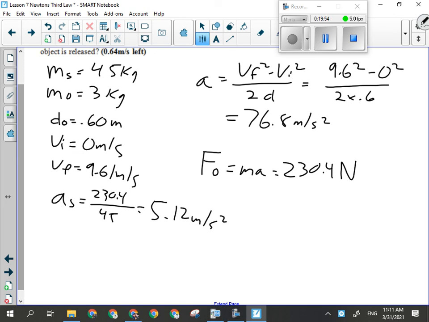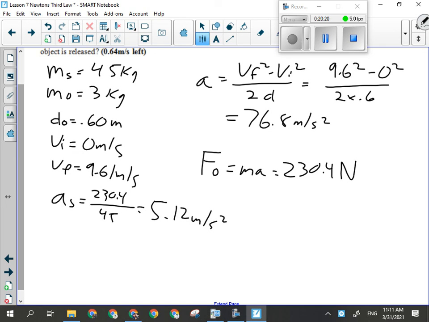But the time for the acceleration of both would be the same, because they're only accelerating for as long as the force is being exerted. Can I find out how long this acceleration takes? Then I can use the time to calculate the final speed of the student. That's my set of steps.